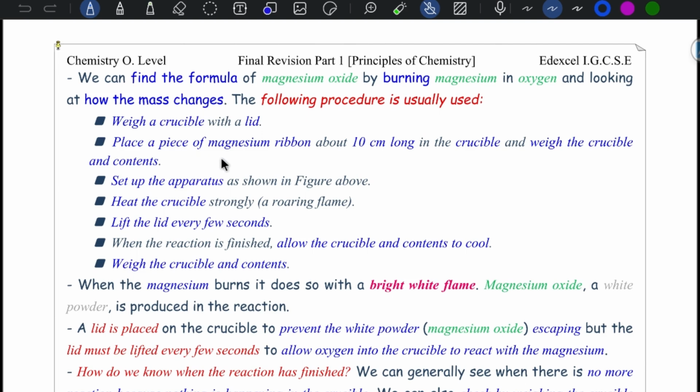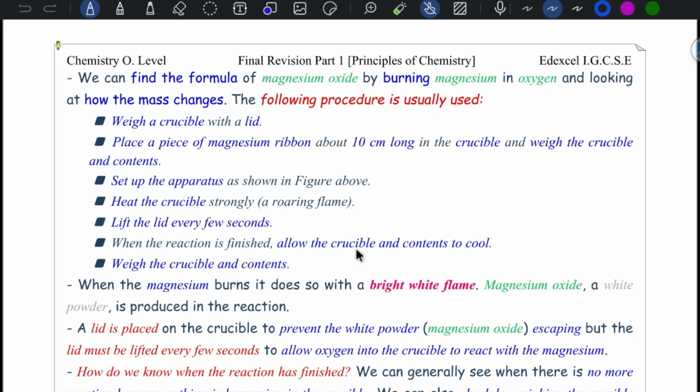Place a piece of magnesium ribbon about 10 centimeters long in the crucible and weigh the crucible and contents. Set up the apparatus as shown in the figure above. Heat the crucible strongly using a roaring flame. Roaring flame means blue flame. Lift the lid every few seconds. Why? To let oxygen get in.